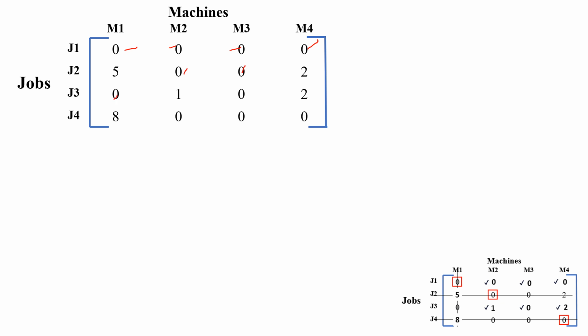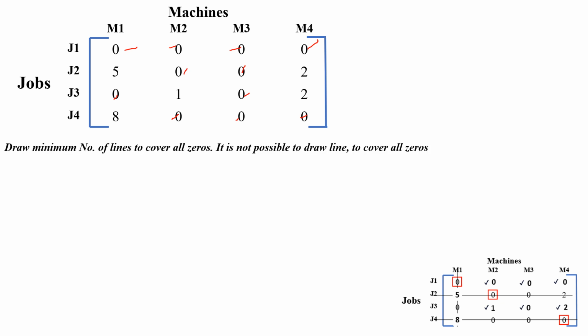In the third row also there are multiple zeros, so I skip it. In the fourth row also there are multiple zeros, so I skip the fourth row too. Next we do the column scanning. Here also all the columns have multiple zeros. So it is not possible to draw a line which covers all the zeros.